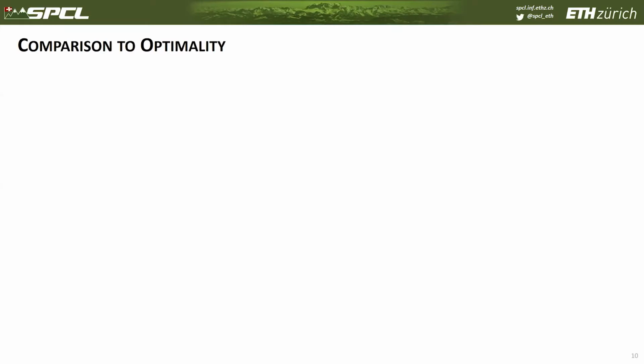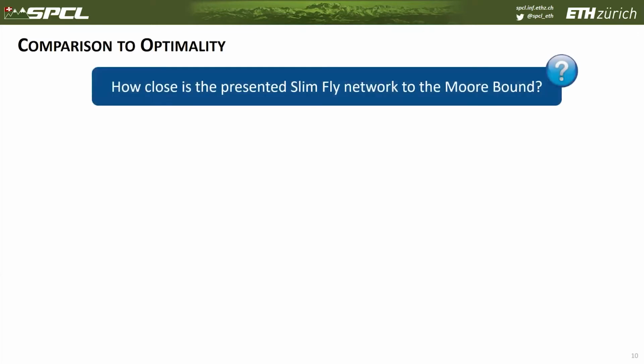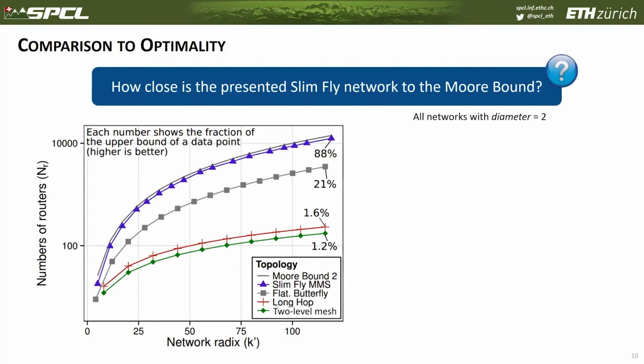Let's take a look at the comparison to optimality. We speak a lot about this Moore bound, which is really the upper bound, and let's see how close we are to this upper bound in terms of this cost-performance trade-off. On this plot, we are plotting different data series corresponding to different topologies with diameter 2. On the x-axis, we can see the network radix, so how many ports our switches have. We are scaling this, so we are increasing the size of our topology towards the right.